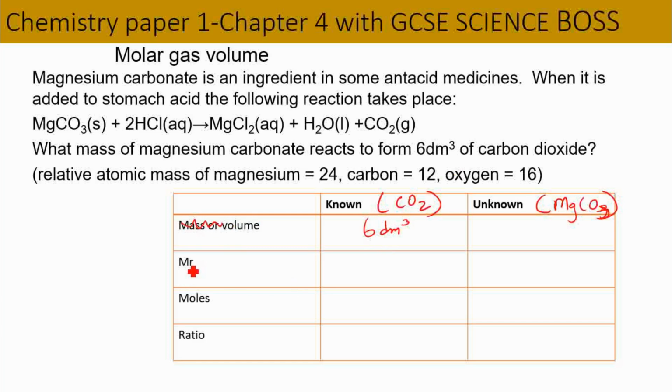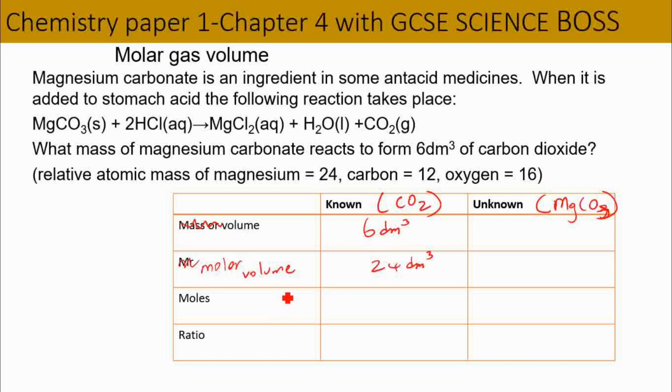Okay, good. Now we know that we have not Mr in this case. What we have is the molar volume, which is 24 dm cubed, because this is taking place at room temperature and pressure.